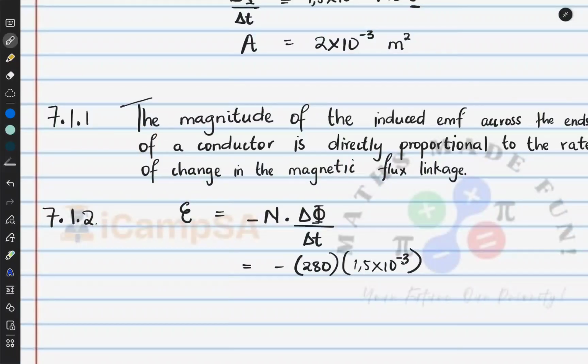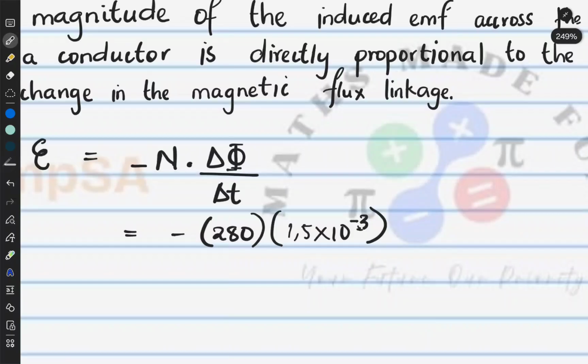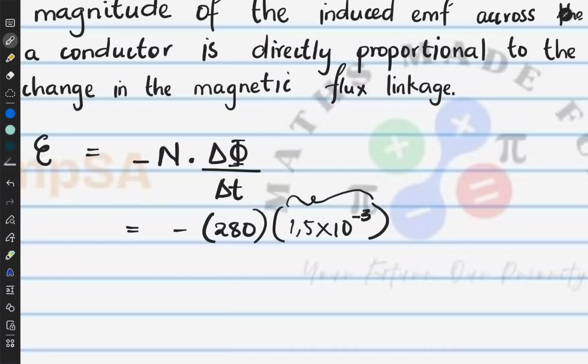that we were given. Someone would ask, why don't we have time and so on? Basically, this 1.5 times 10 to the power minus 3 means we've already used delta t to find the rate of change of the magnetic flux. So it has already been calculated for us.